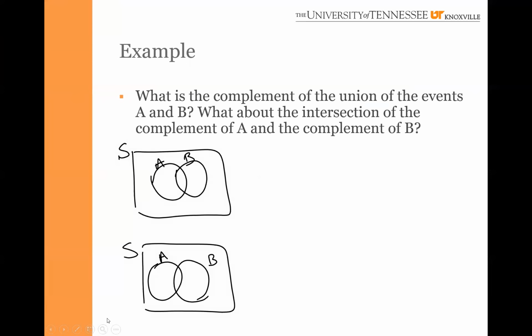Is that the union of A and B? Let's mark the union of A and B. Where is the union of A and B? Both circles, everything inside it. So the complement of that would be everything outside of the circles, right? So it will be this. Agreed? So, right, this is A union B complement.